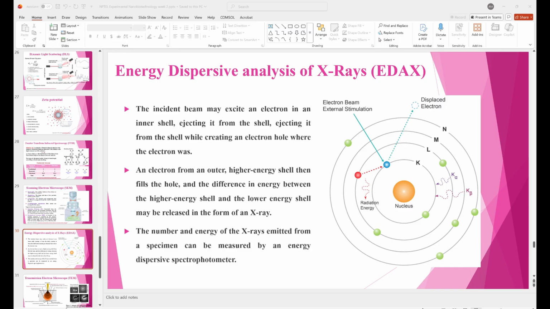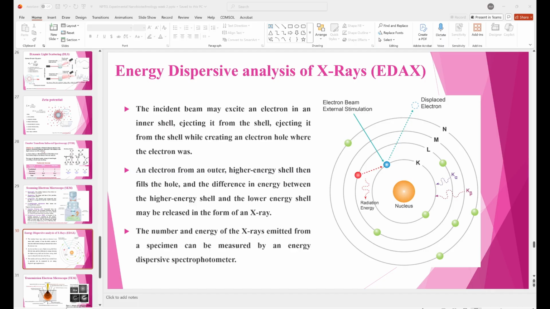The number and energy of the X-rays emitted from a specimen can be measured by an energy dispersive spectrophotometer. This is basically fitted into SEM. Sometimes even TEM nowadays comes with EDAX, so you can do elemental analysis on TEM as well. This is basically a semi-quantitative elemental analysis. For quantitative analysis, I think I mentioned it was XRF.